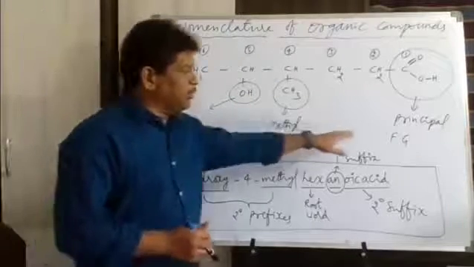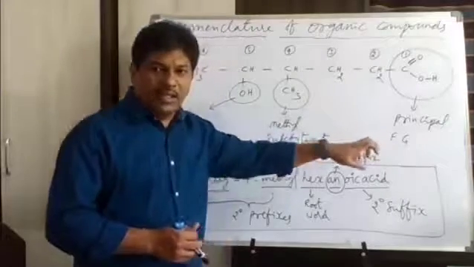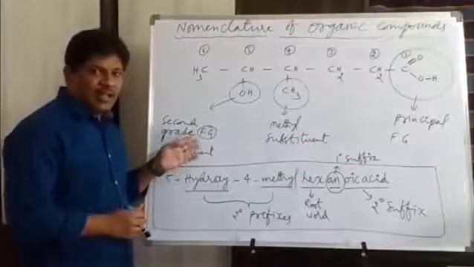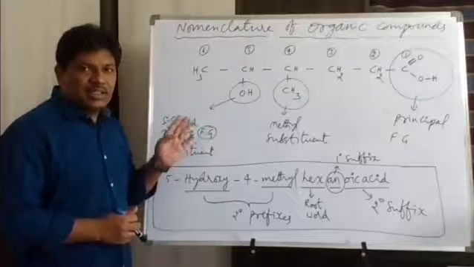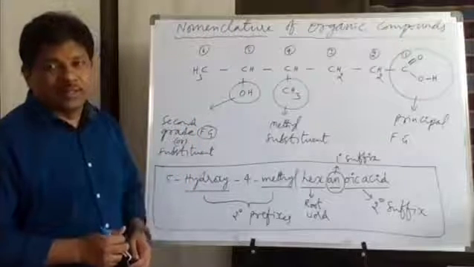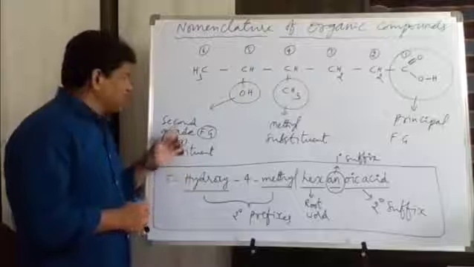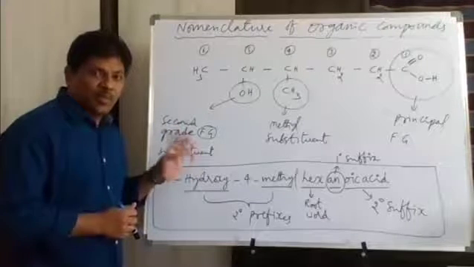The name of the principal functional group is given by the secondary suffix, and the name of the second grade functional group is given by the secondary prefix. The secondary prefix gives the name of the substituent or second grade functional group. Keep that point in mind.